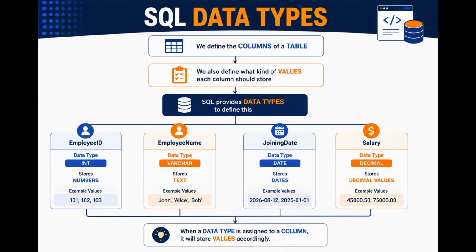So to define what column should store what kind of value, SQL provides different data types. So when defining a table structure, we assign every column a specific data type to ensure that the type of values it stores is as per what we want.